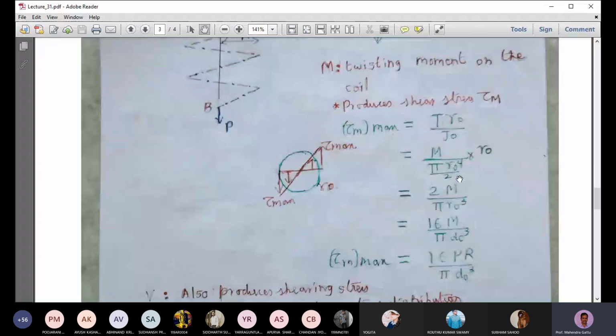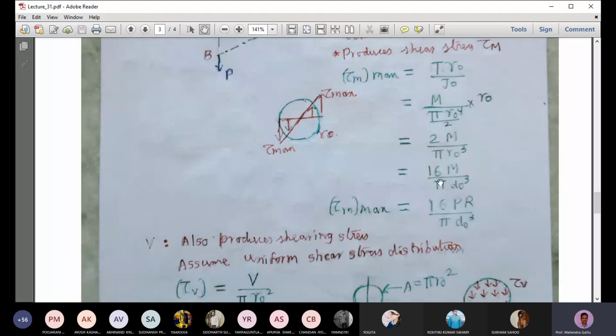J naught will be pi r naught to the power 4 by 2, the torsion moment T is M, and we have that radius r naught. So we get 2M by pi r naught cube. We can express it in terms of diameter: radius is diameter by 2, so 1 by 8, the 2 goes into the 8, and it will be 16M by pi d naught cube. So the shear stress is 16 PR by pi d naught cube, since M is PR.